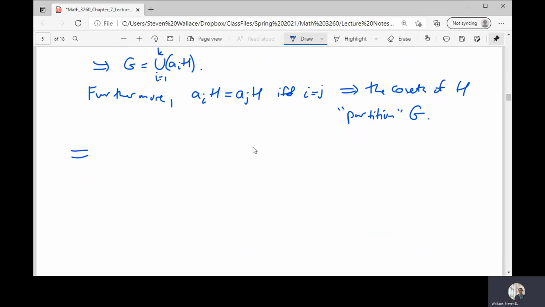Indeed, in particular, this means that the order of G is equal to the sum of the orders of the cosets.